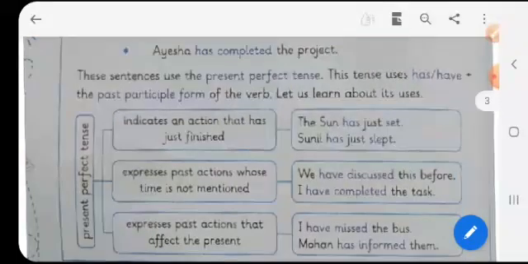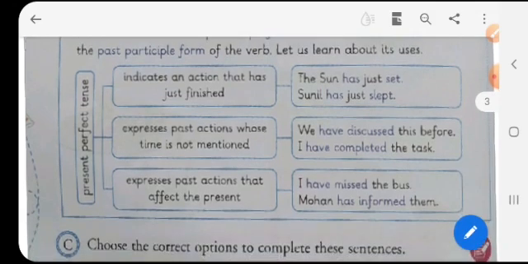Then we come to, let us learn about its uses. Now, the present perfect tense indicates an action that has just finished. Now, what is the present perfect tense all about? It shows the action that has just been finished. Right?